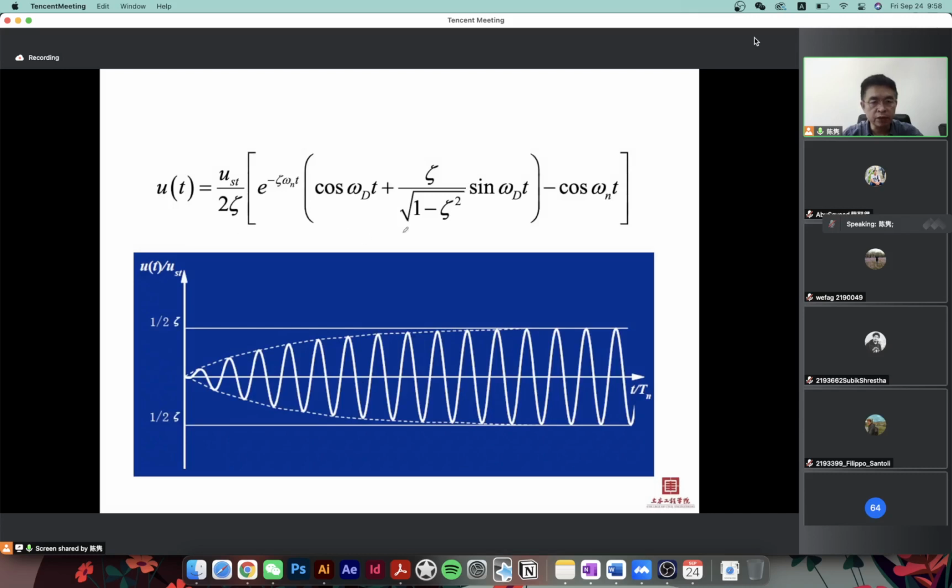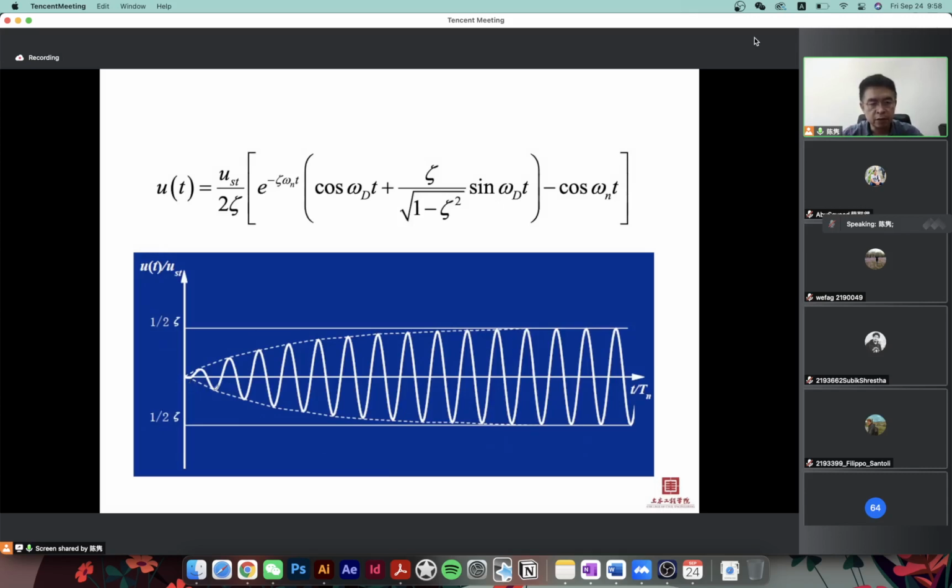If we put all these things together, we can see UST divided by 2 zeta and this part. And if you draw the plot, the solid line is the response of the SDF system under harmonic loading at the resonance case.